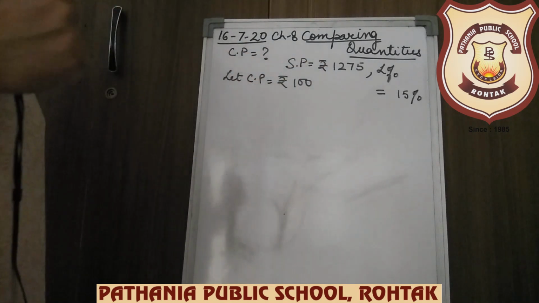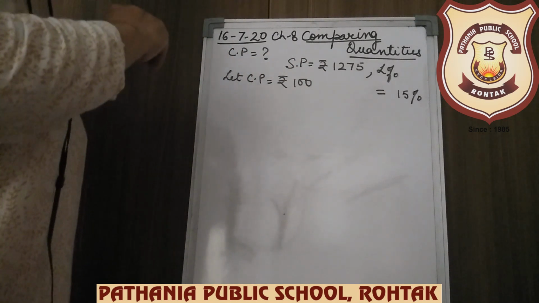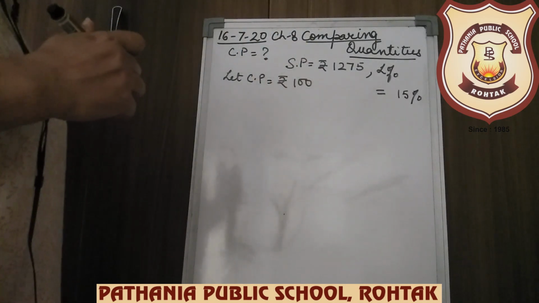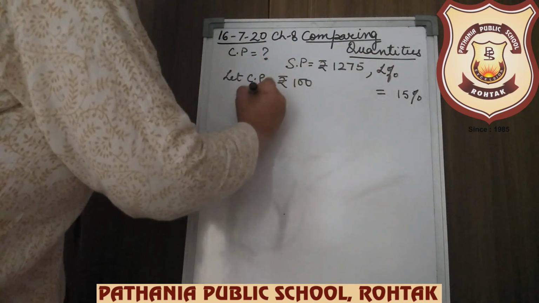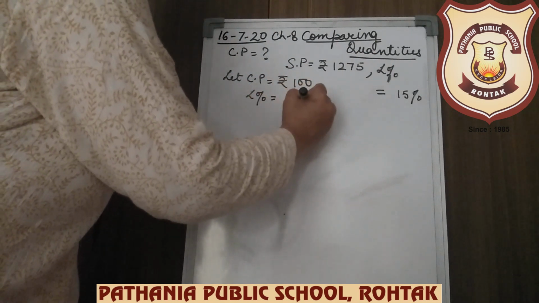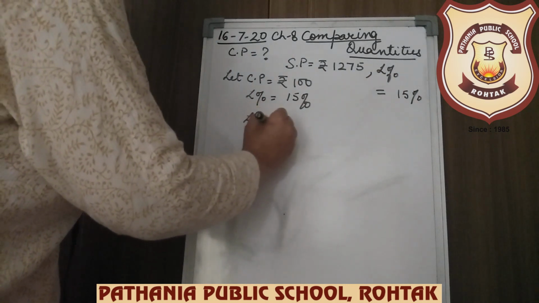This is the unitary method. I am doing this first as you have done your unitary method. So when CP is rupees 100, loss percent is 15%. This you cannot change because this is already given. Then calculate loss.